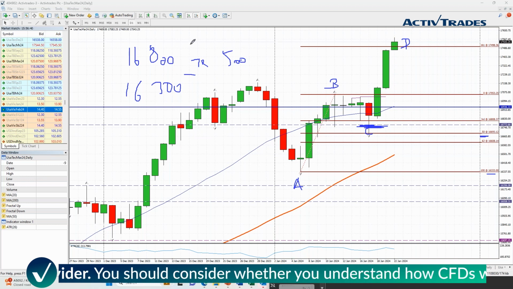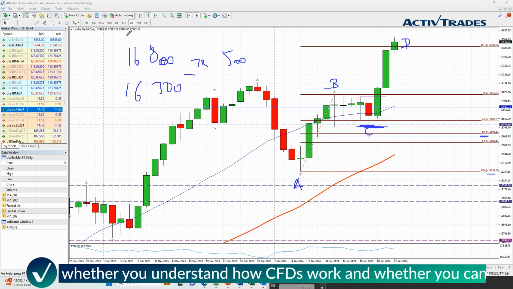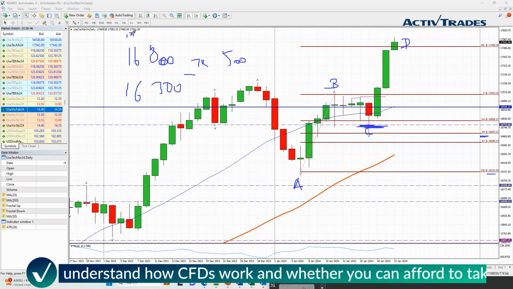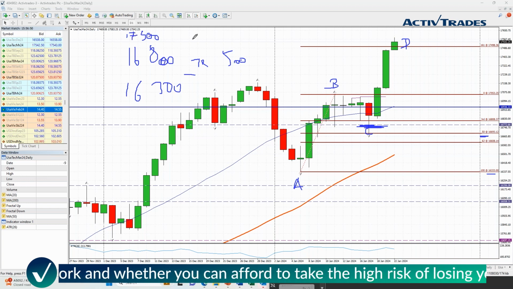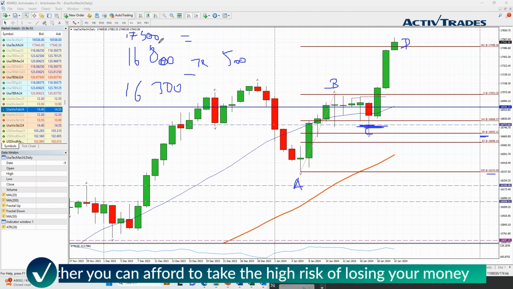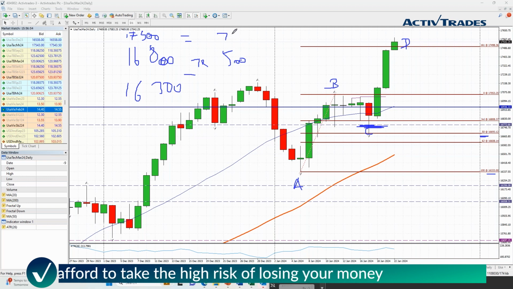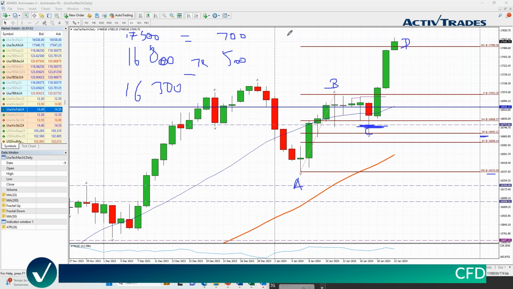Then I'm going from 16,800. As I said, I'm a better trader than I'm an artist, ladies and gentlemen, but let's just say the target is 17,500 for the sake of simple maths. So we'd have been risking 500 to make 700 points. That's about 1.4 there you go. I've just done that in my head.